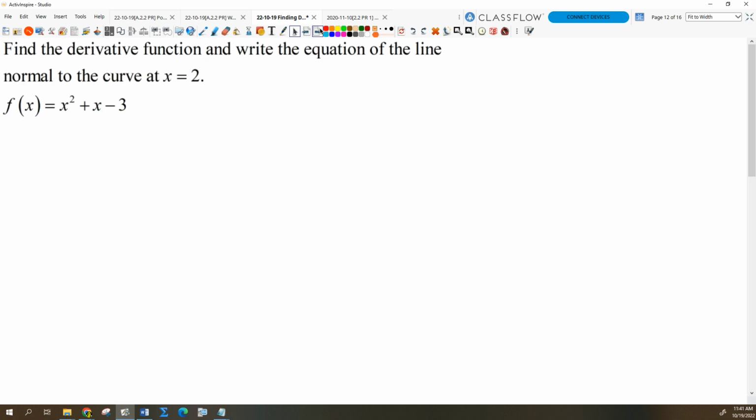Okay, so we need to find the slope, which is a derivative issue, isn't it? So I'm going to have to calculate the derivative function, and then we can just plug in x equals 2. Okay? So where do we always start? This is good practice. Where do we always start when we're taking a derivative? I mean, what do I write down first?